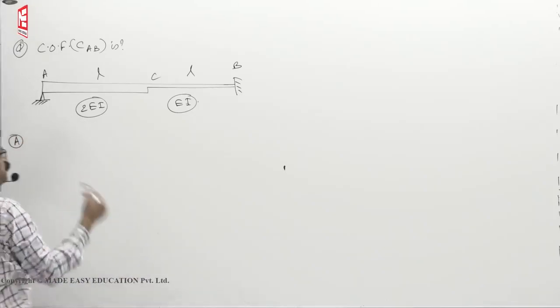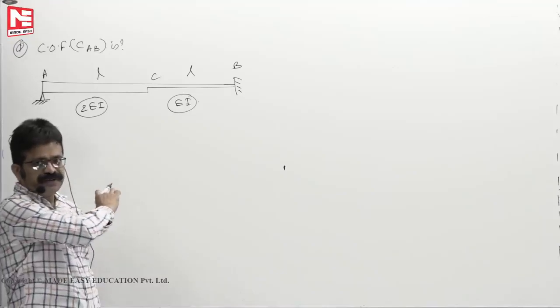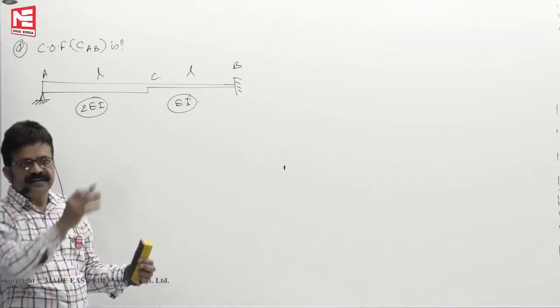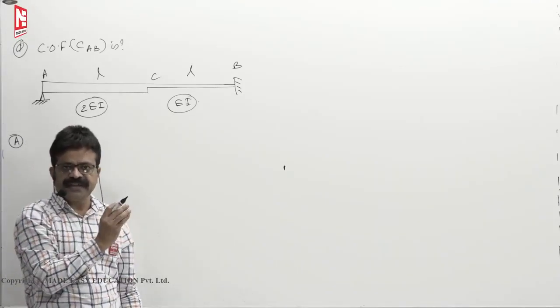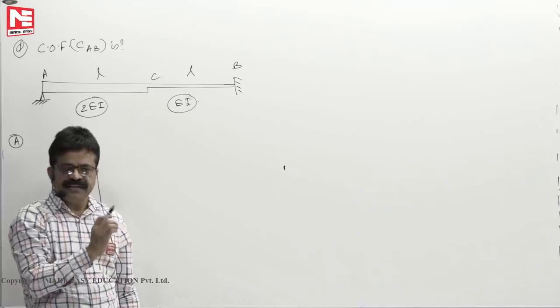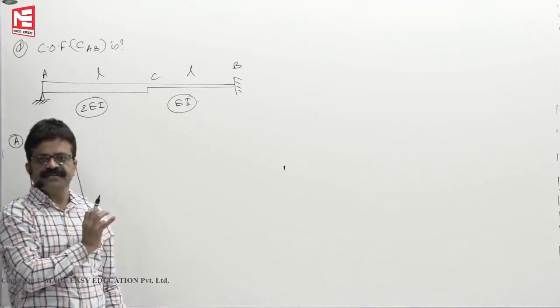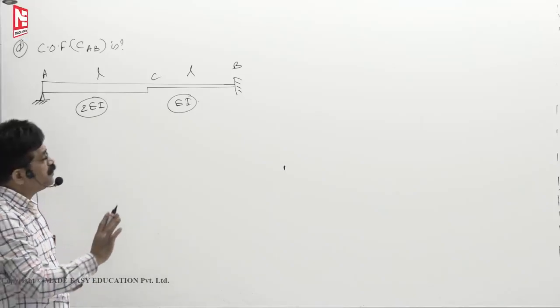Option is exact value. If you want to calculate, it takes 3 minutes time, because earlier I have given you carryover moment is M by 2. You have done moment area method. I have drawn the individual bend moment diagrams. Then you have calculated. If I values are different, then the triangular areas you have to take separately. So it is calculation intensive. So that's why they asked you only to guess.